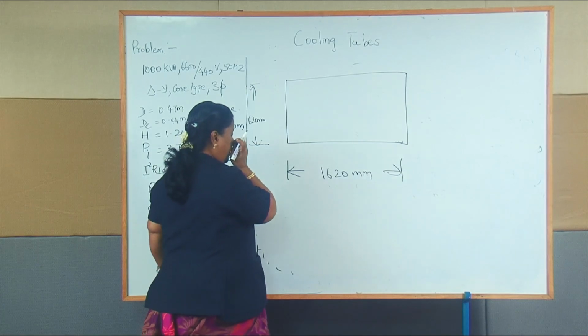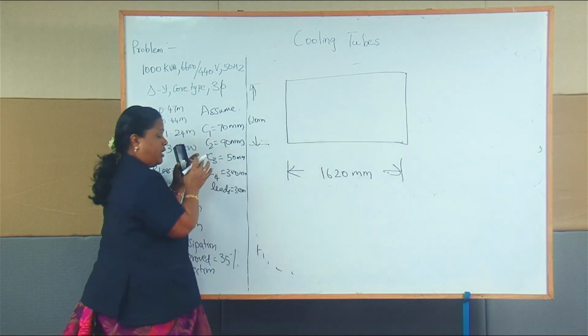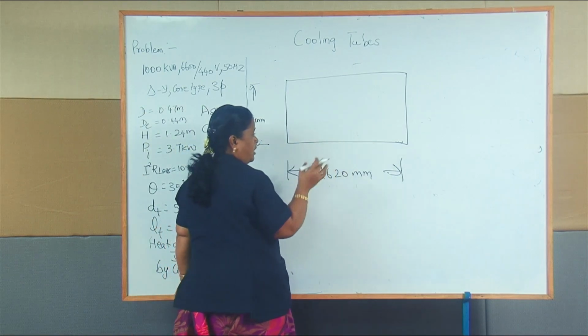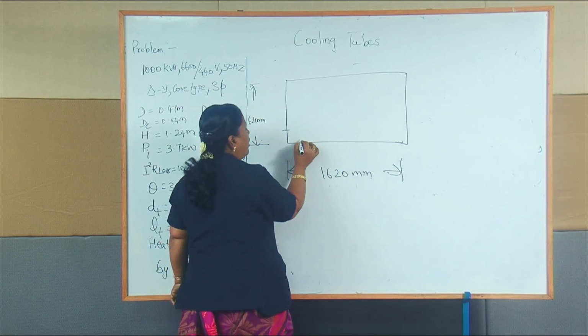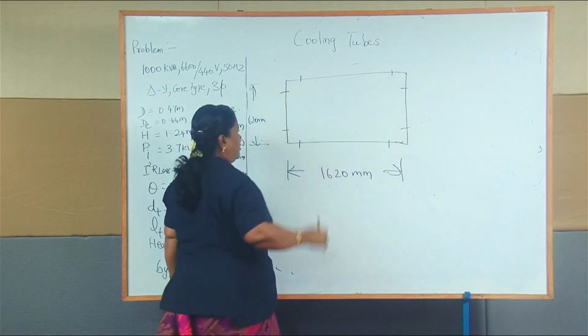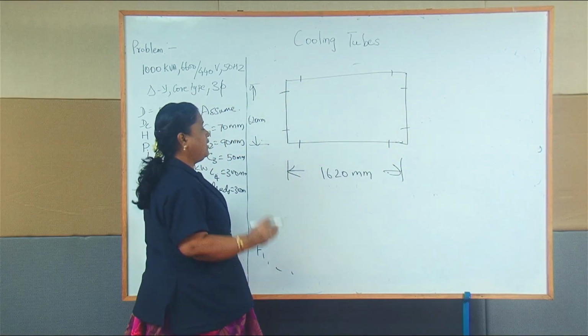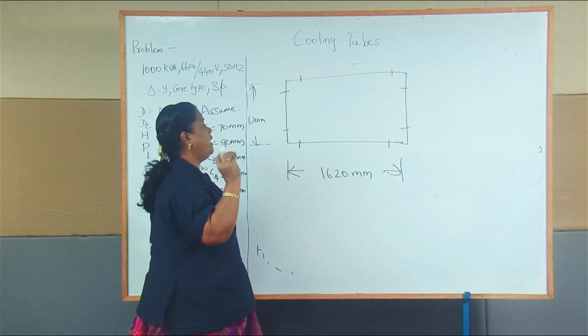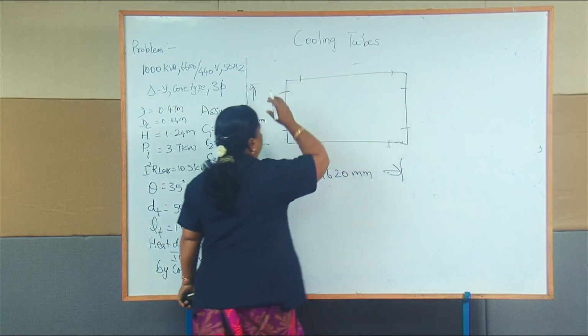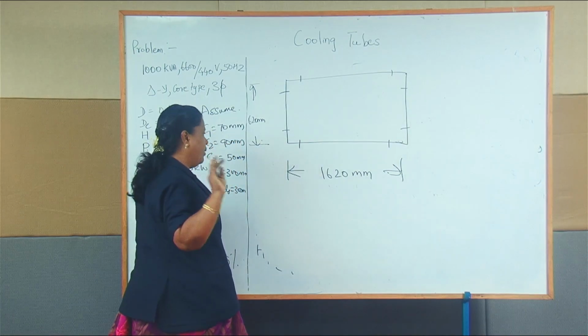Now, just as we gave clearance for the transformer and tank, similarly, when you are providing cooling tubes around the surface, we have to give a corner clearance for the transformer tank. That clearance is around 50 mm. We should give 50 mm at each corner.